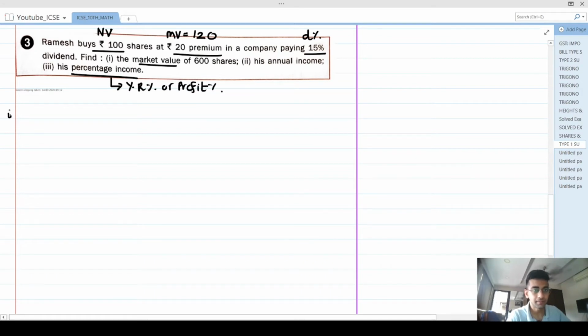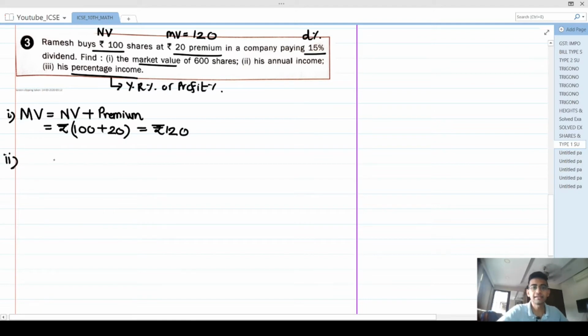Let's look at the first subpart. The market value is nothing but nominal value plus premium, which is rupees 100 plus 20, which turns out to be rupees 120. First subpart tackled. Second subpart, annual income. For annual income, we always need number of shares.